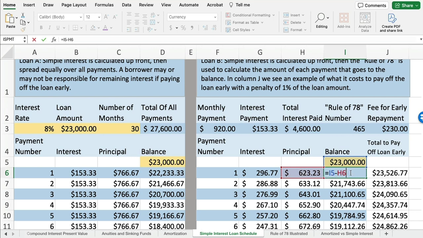And that's in cell I6. So what you want to type into I6 is equals I5 minus H6. Hit enter.